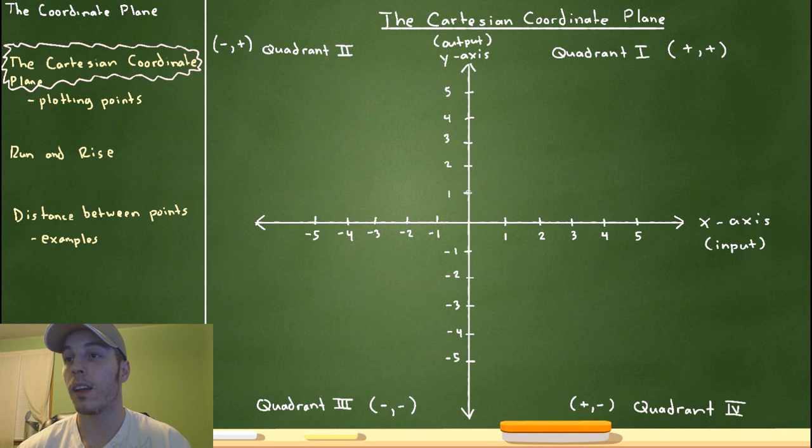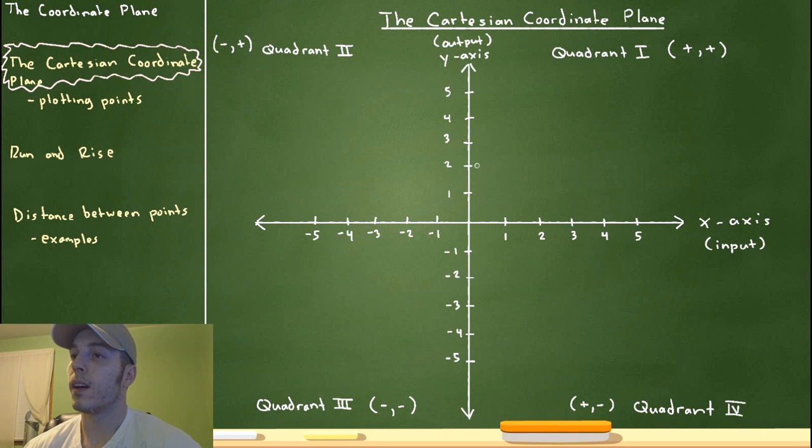So from here to here, I call a distance of 1. So from here to here will also be a distance of 1, and so forth. So 1, 2, 3, 4, 5. Now in this case, I happen to have the same scaling set up for the x and y axis, but it doesn't matter too much. It really depends on the numbers that you happen to be working with.